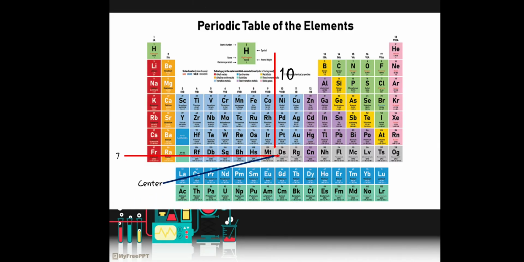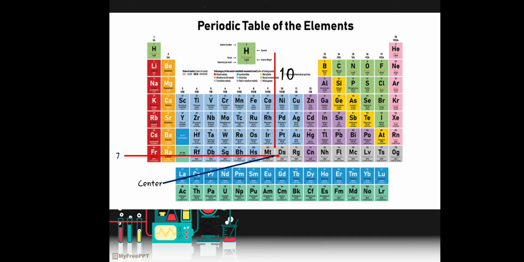Let's take a look. Okay, let's go now on identifying the horizontal 7. As I've seen, this is the horizontal 7. We have hydrogen 1, lithium 2, sodium 3, potassium 4, rubidium 5, cesium 6, and francium 7. So this is the horizontal 7.